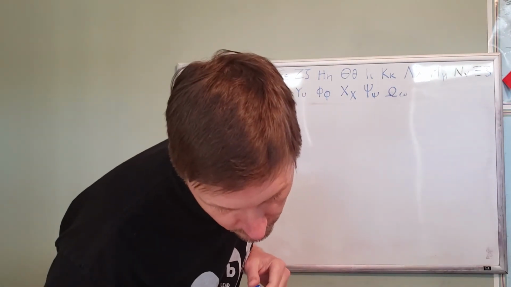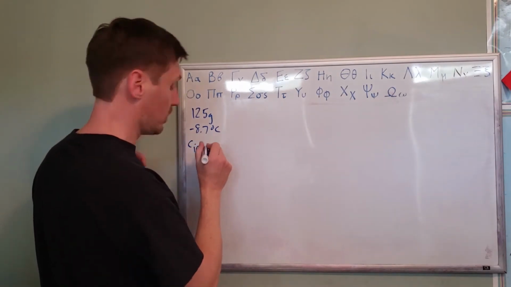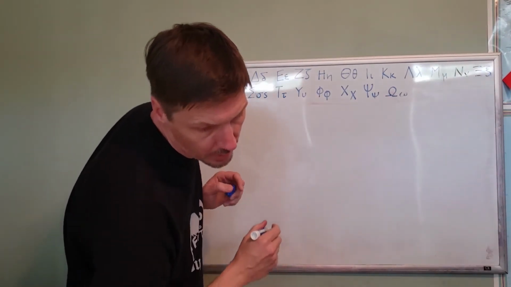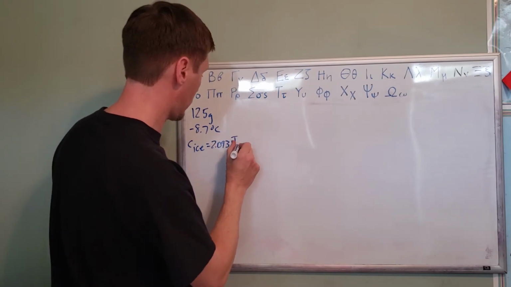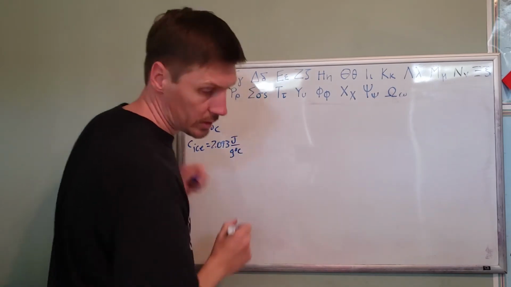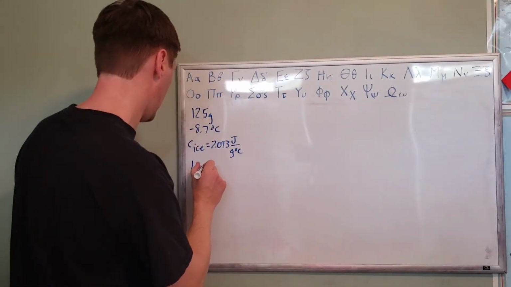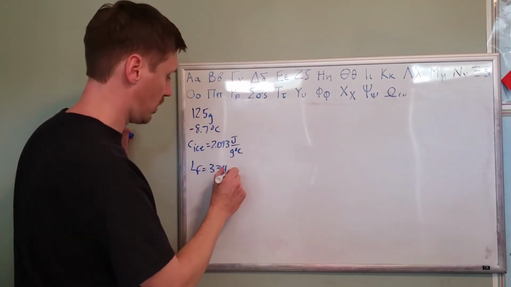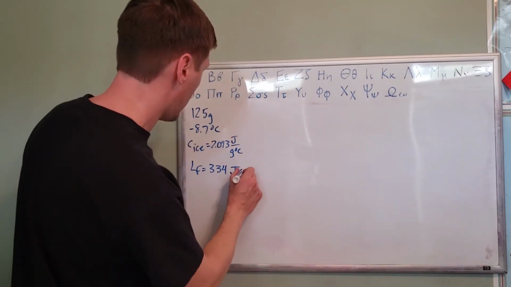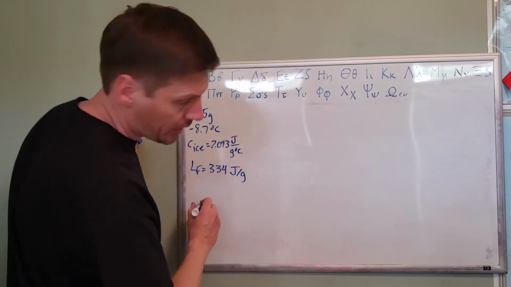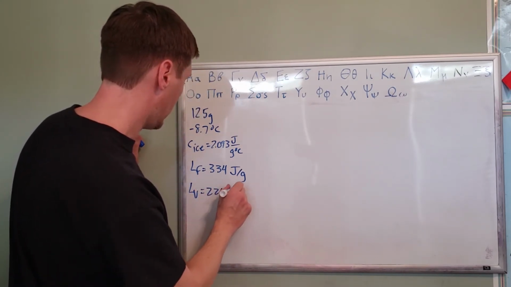And then they tell us that the C of ice equals 2.093 joules per gram degrees Celsius, and then LF equals 334 joules per gram, and LV equals 2260 joules per gram.